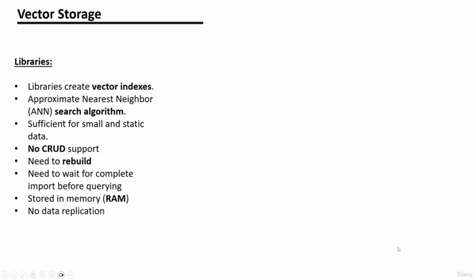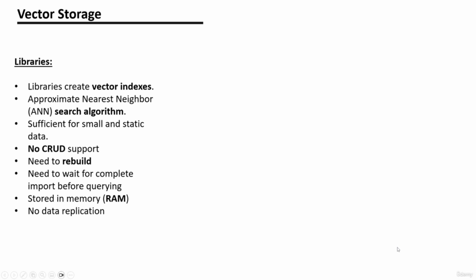A library like FAISS is sufficient for small, static data. However, vector libraries lack properties that databases have, such as cross-support or disk storage. The index must be completely rebuilt from scratch each time there are changes in the data.